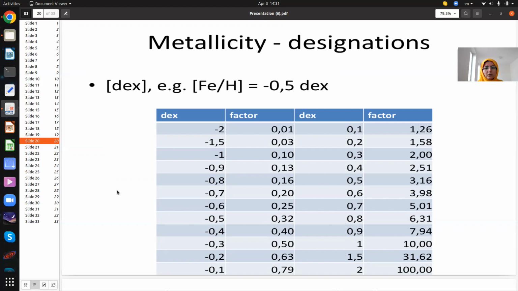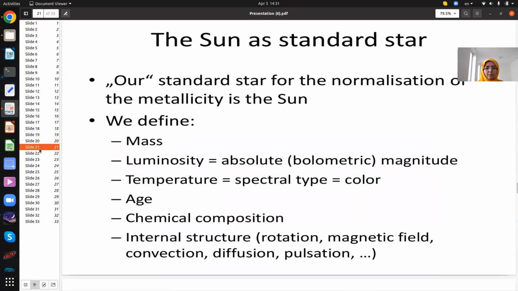This is related to logarithmic. And we can say the sun we can consider as a standard star. Our standard star for the normalization of the metallicity is the sun.